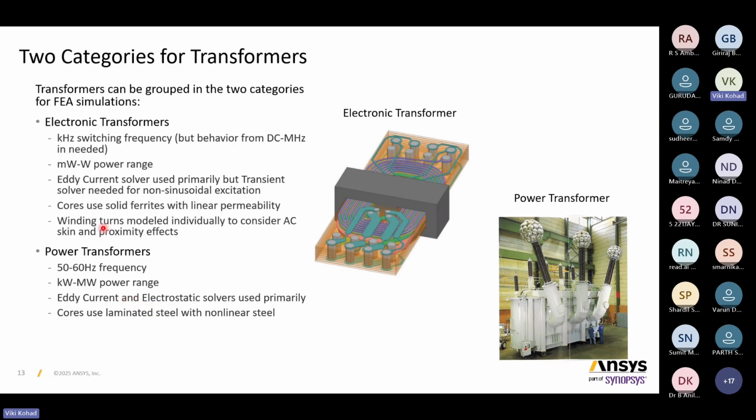The AC current solver is primarily used for sinusoidal excitations, but for non-sinusoidal excitations you have to use the transient solver. And in the power transformer, the AC current solver is the magnetic solver, and the electrostatic solver is the electric field solver.